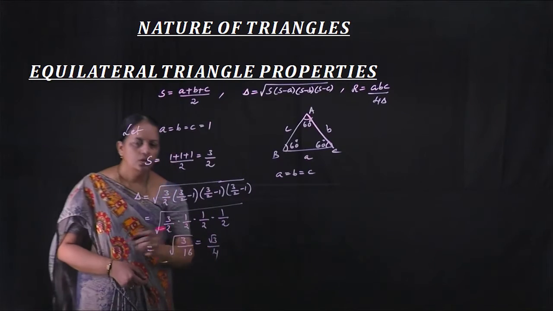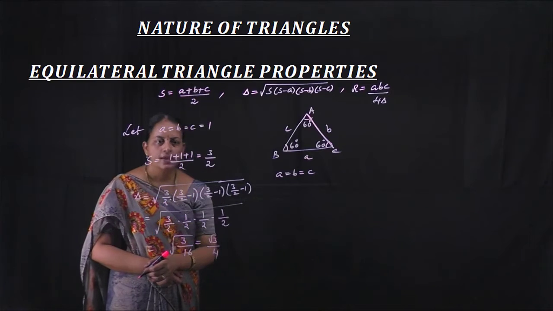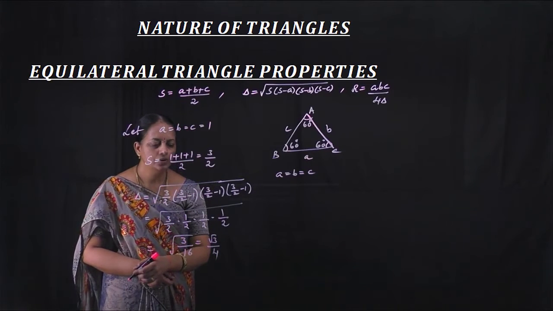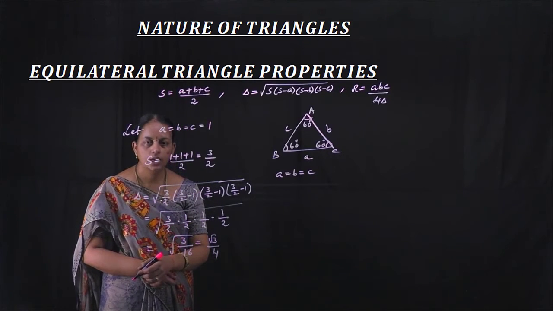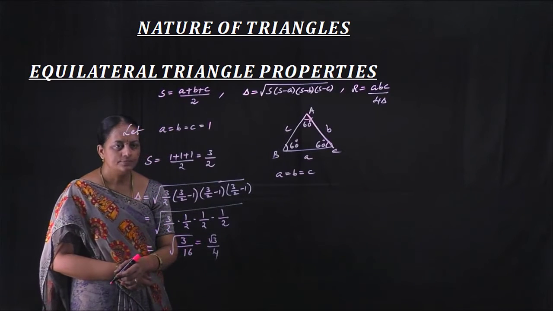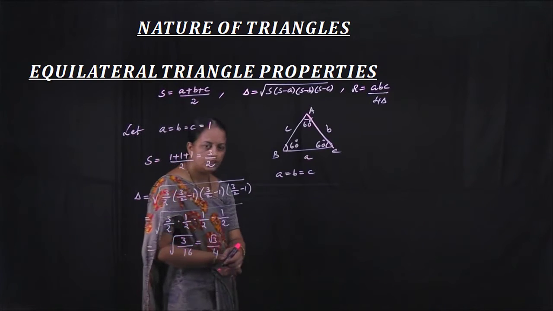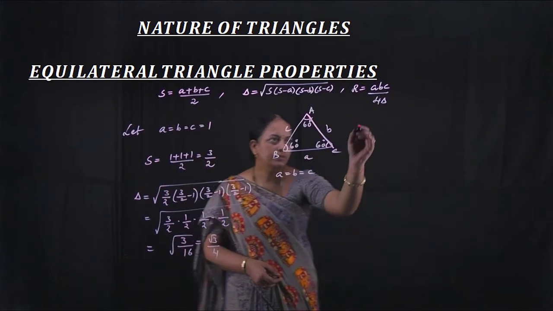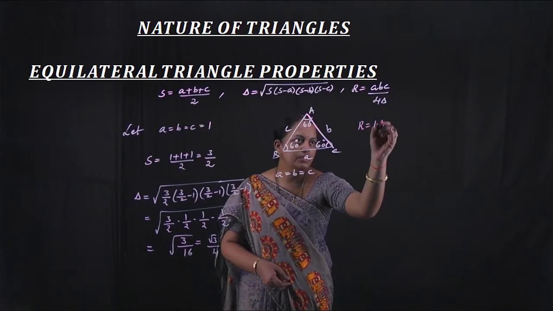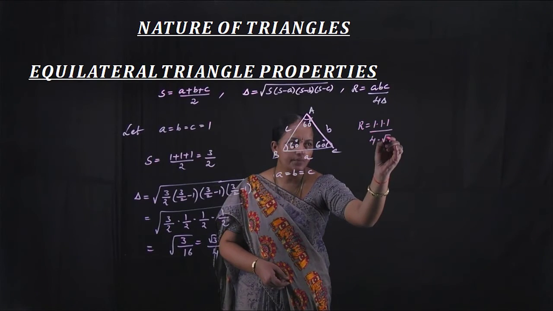So, in solving the JEE problems, by applying the equilateral triangle property, we can substitute S is equal to 3 by 2, delta is equal to root 3 by 4. Similarly, capital R is equal to abc by 4 delta, where a, b, c are all 1 and 4 delta means root 3.